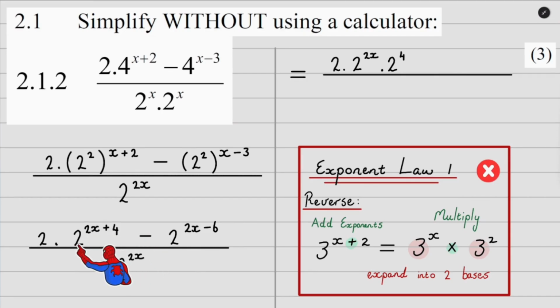So my first one is going to be 2 to the power of 2x, represented over there. Then the second one is going to be 2 to the power of 4, represented over there. Then I'm going to slap this minus sign over there. And then we hit the banana split with this guy as well. So the first one will be 2 to the power of 2x. And then the second one will be 2 to the power of negative 6 over there. And then the bottom's just chilling.